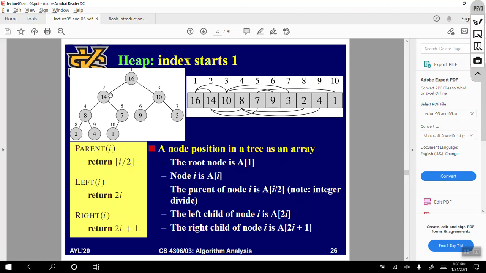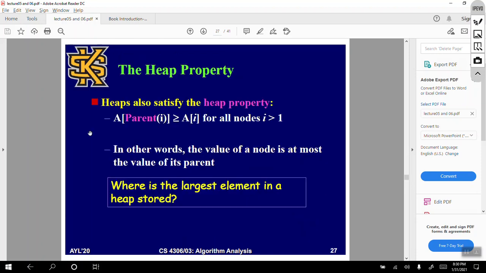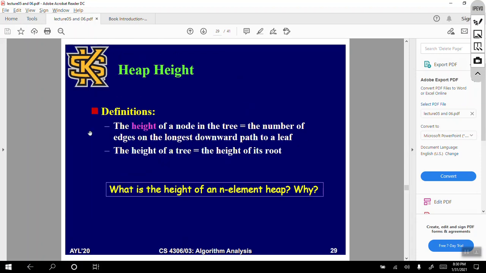So this part has height 1, this part has height 2, and this part has height 3, right? So that means we can see that if it has at least one value in the last row, this is the last leaf. So then what is the height? It is increasing by log n, right? Every time it is dividing by 2, so the height is increased by log n, right?